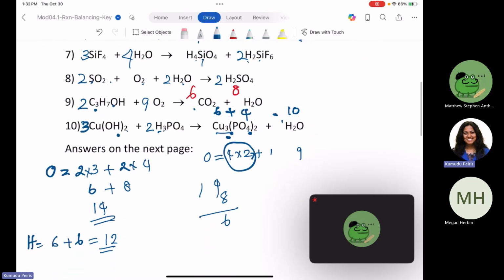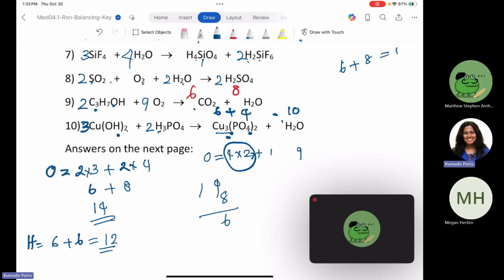Did I count the hydrogens wrong here? Or the oxygens wrong? Okay. 2 by 3, 6 plus 4 and 2, 8.